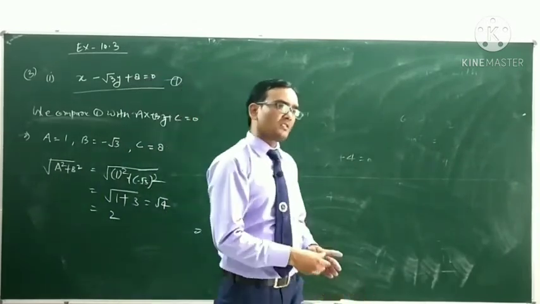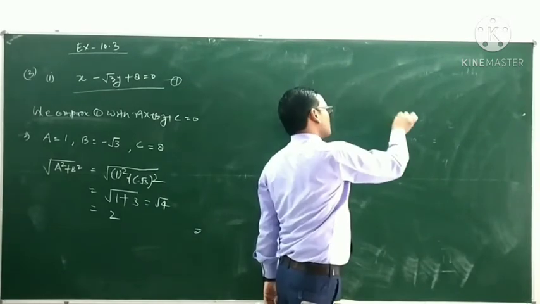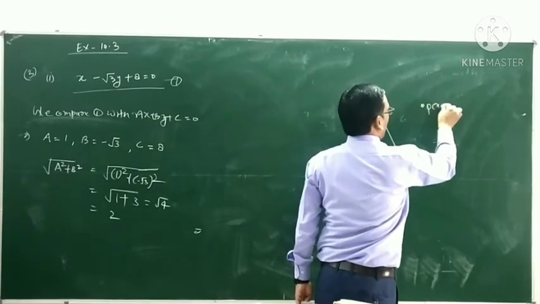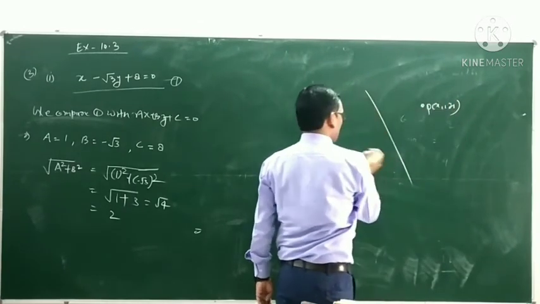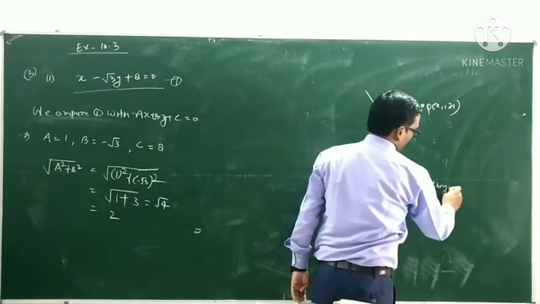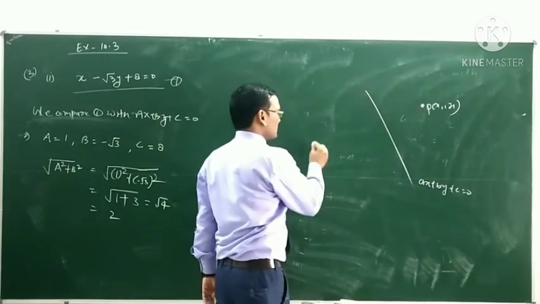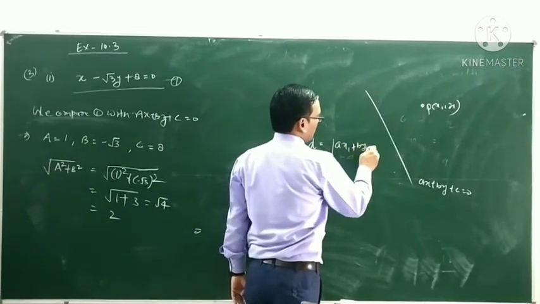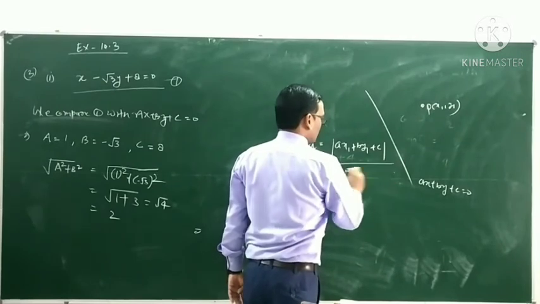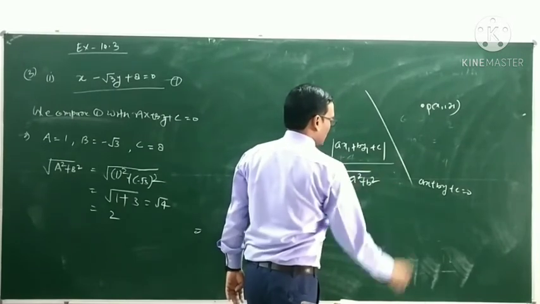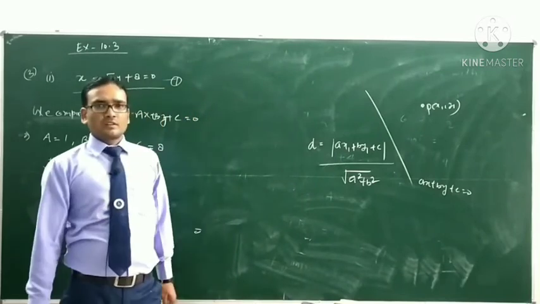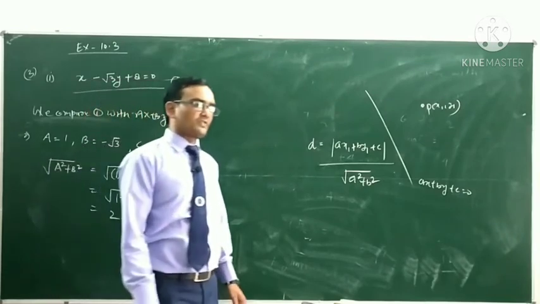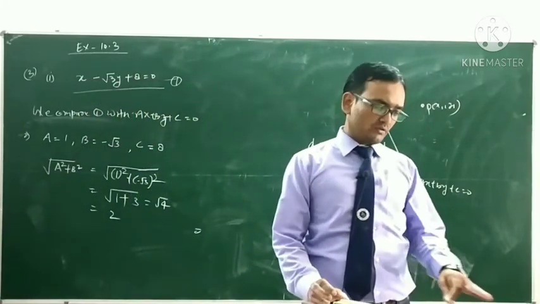Can you tell me what is the distance of a point x1 comma y1 from a line ax plus by plus c equal to 0? d equal to mod of ax1 plus by1 plus c upon square root a square plus b square. We have already discussed this formula in a previous lecture. Using this formula we solve question number 4.